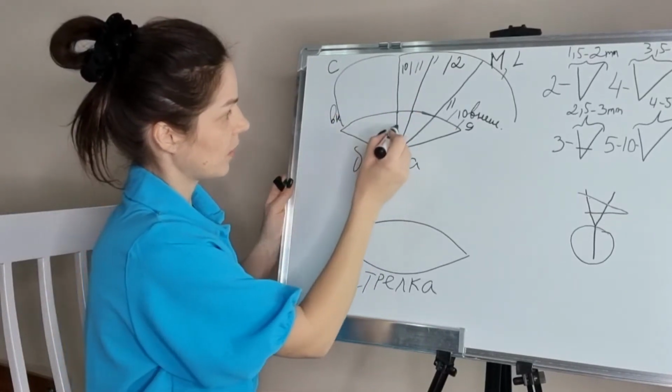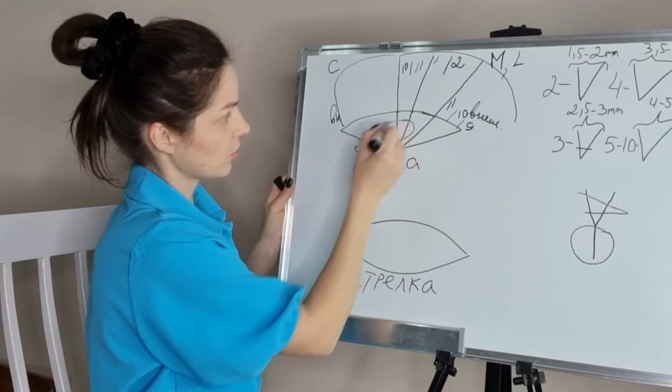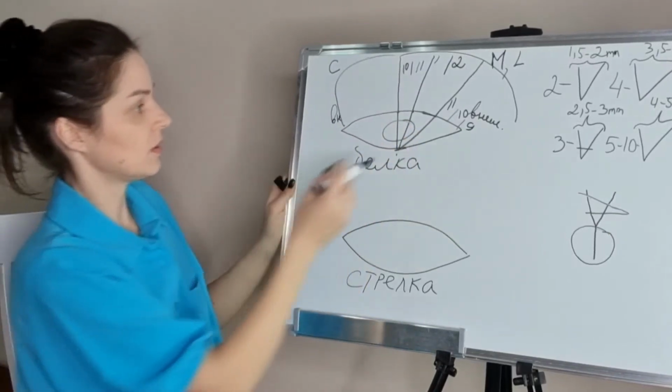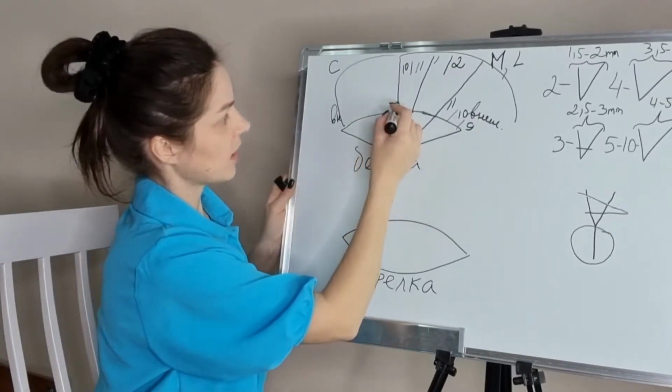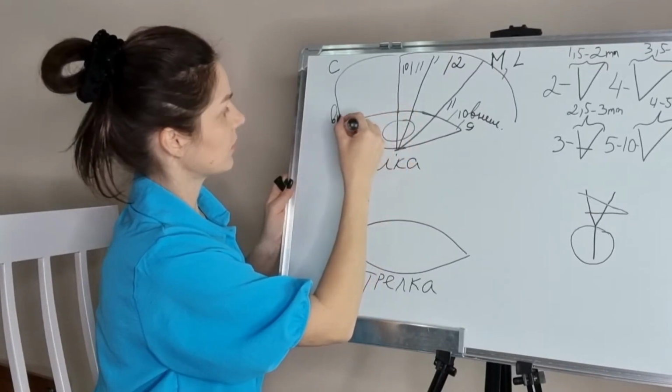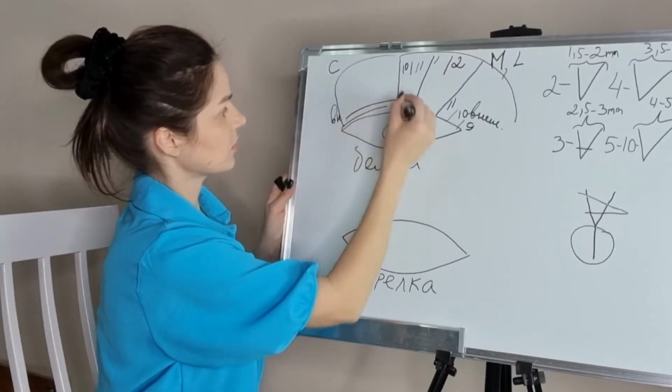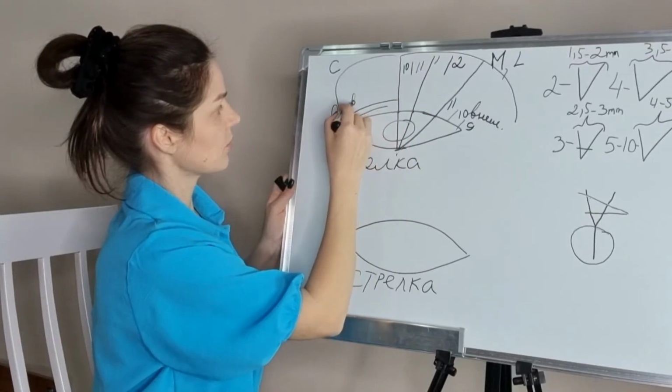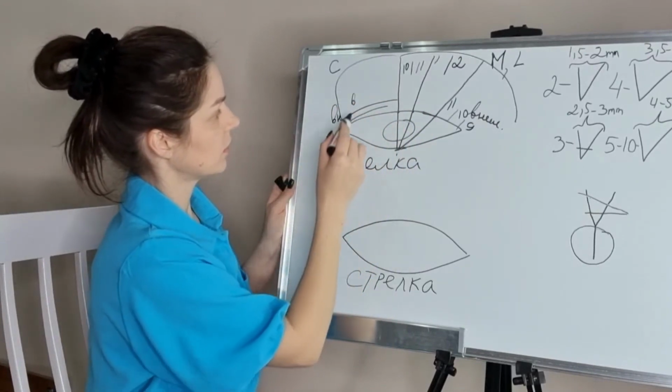What are we doing? Our pupil, the middle of the pupil. We are always adding to our length. This is our top row, middle, bottom.